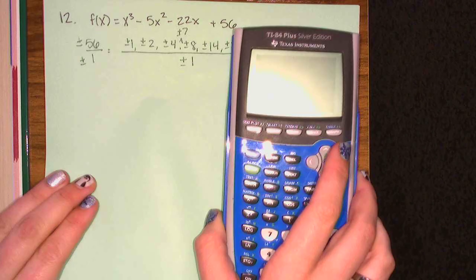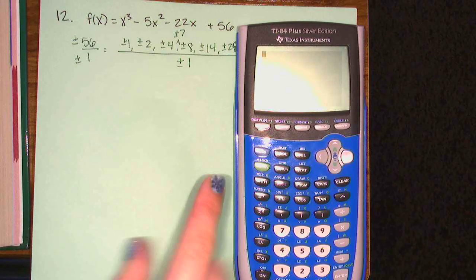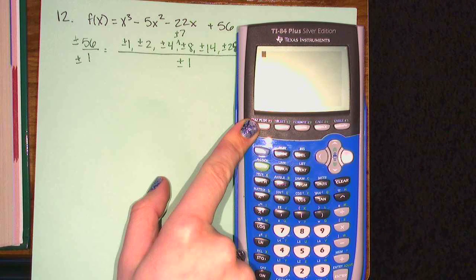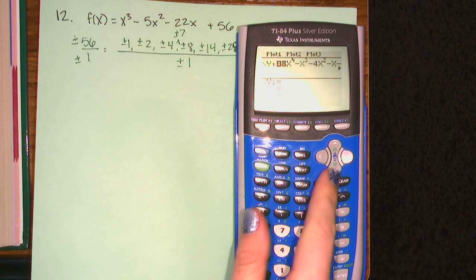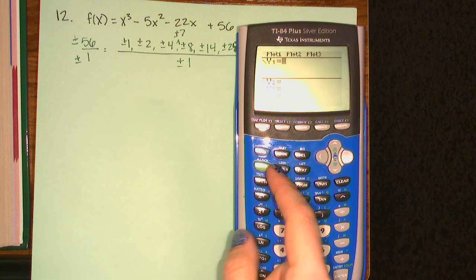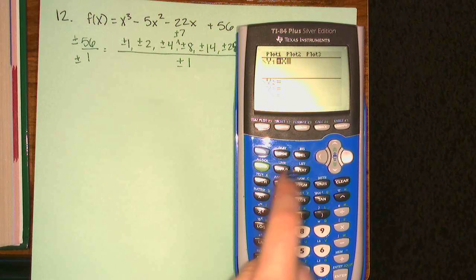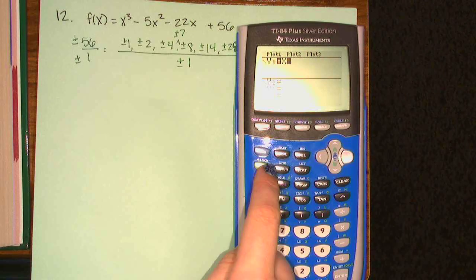I'm trying to get it so that it's in view and not got a glare on it. Alright, so remember your y equals is up here at the top left. Clear whatever's there. Then there's a button that has little variables on it, underneath the word mode.